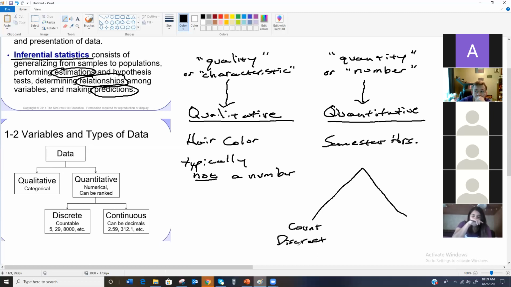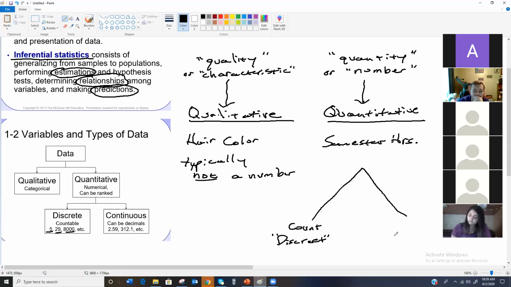For our book or for our purposes, they'll be whole numbers. If it's whole numbers that you can count, that's discrete quantitative data. So semester hours, how many items you bought, how many pets you have, how many, well, I won't say that one because that could actually be continuous.